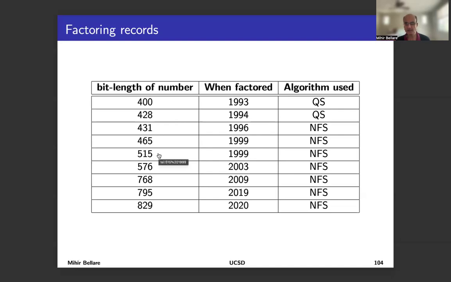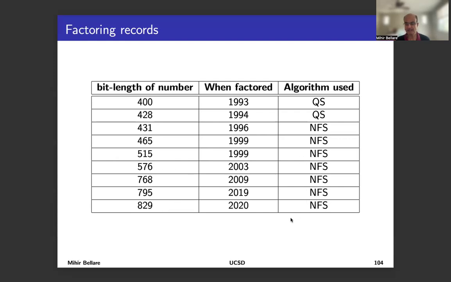This was kind of a big watershed moment because industry standards and internet standards in the early 90s were 512-bit moduli. And this said, no, that doesn't work. We can factor those numbers. And then everyone had to scramble to change stuff. It's remarkable how much progress there has been after that.